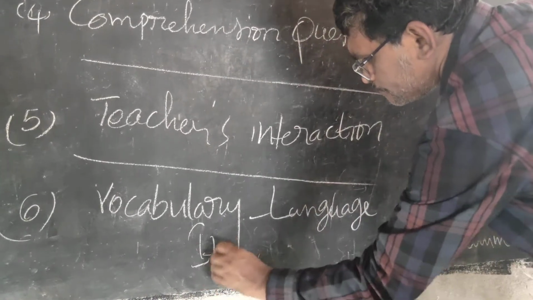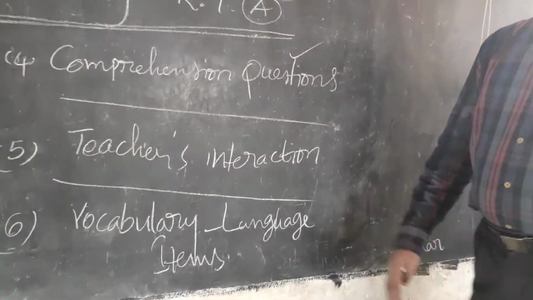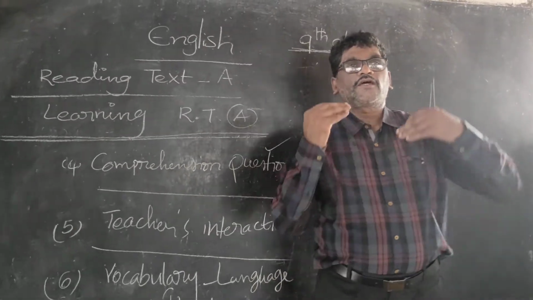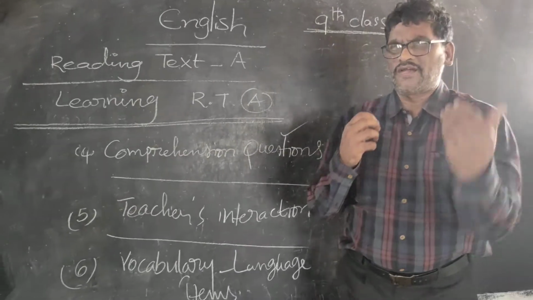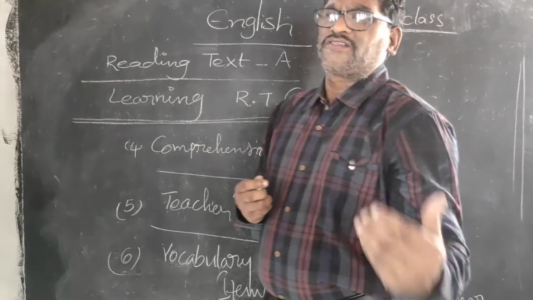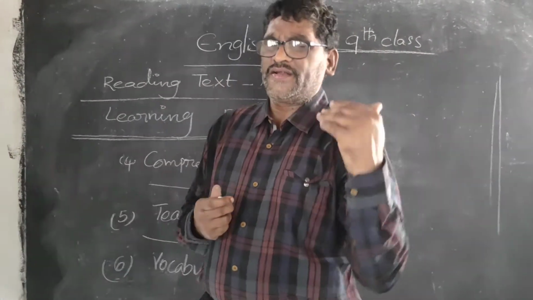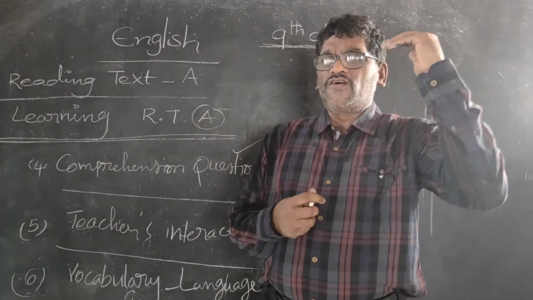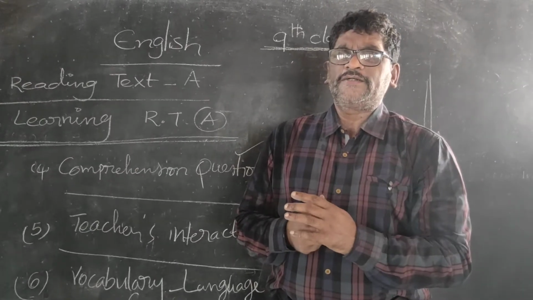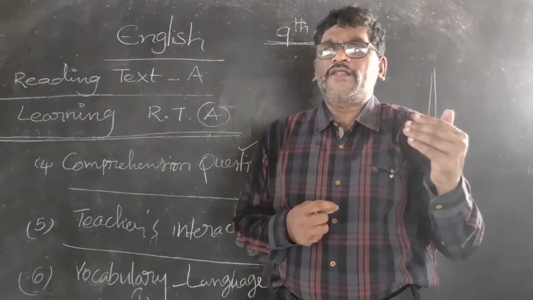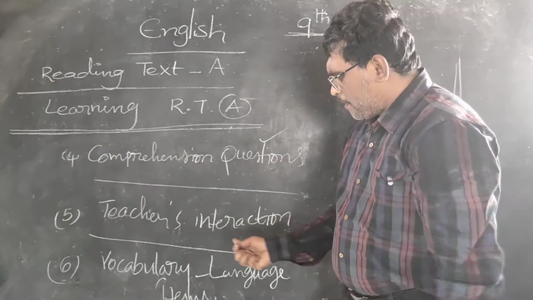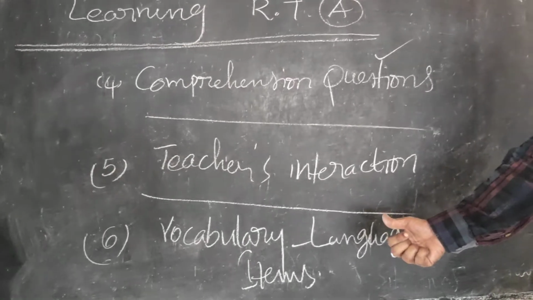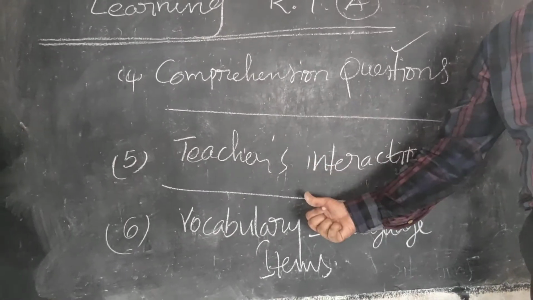Means what are the synonyms, what are the important antonyms, what are the important right forms, what are the important suffixes, what are the important words for spelling test, and what are the important words for vowel test. And according to the examination pattern, here we can learn all the important vocabulary and language items, and this is also very important.